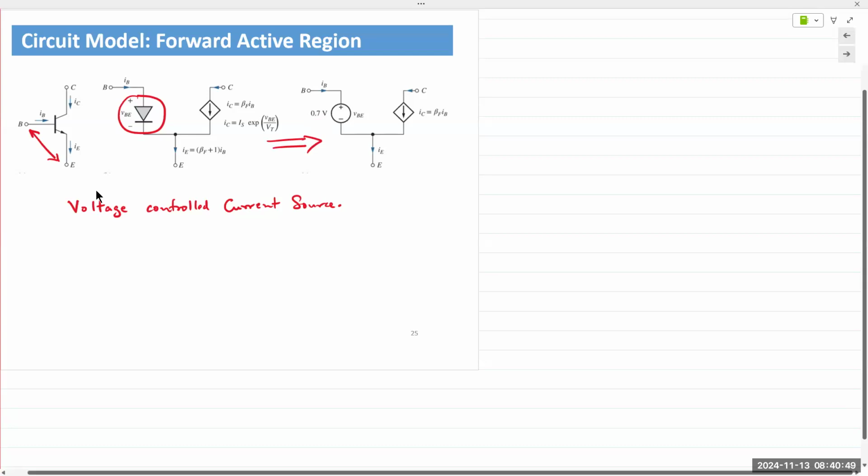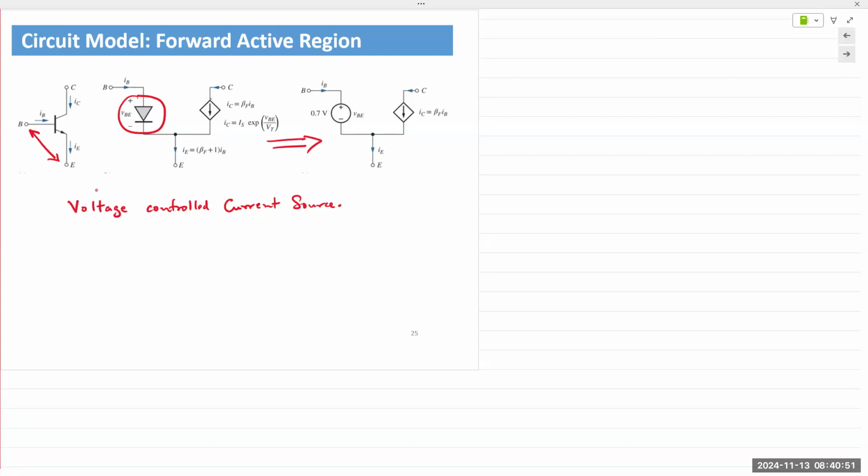Right, 0.7 volts. And then on the output side, we have the collector current IC, and collector current IC is a function of the base current IB. This is the most important relationship. IC is beta IB, right? Beta is a transistor parameter that is determined during fabrication.